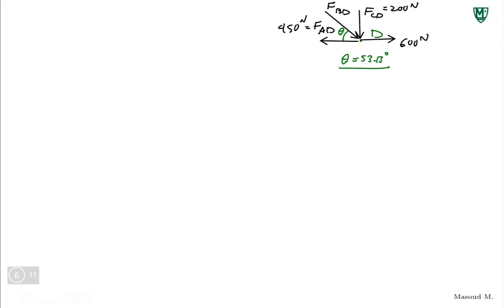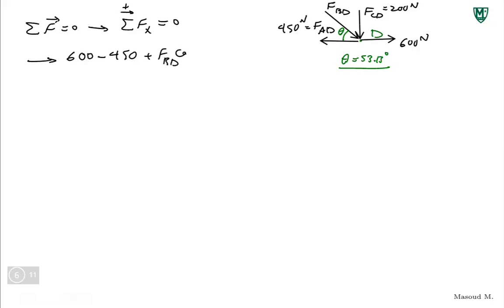All right. So let's go with summation of forces is equal to 0. In this case, I can actually just use summation of forces in x direction. I don't even need the y direction. Is equal to 0. Let's see what we got there. We have 600, positive, obviously, minus 450, which is FAD, plus FBD cosine theta, and that's pretty much it.